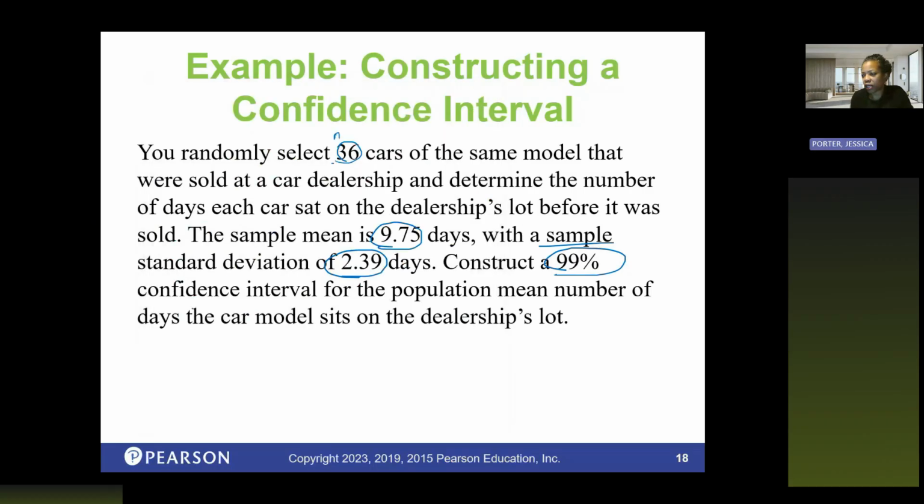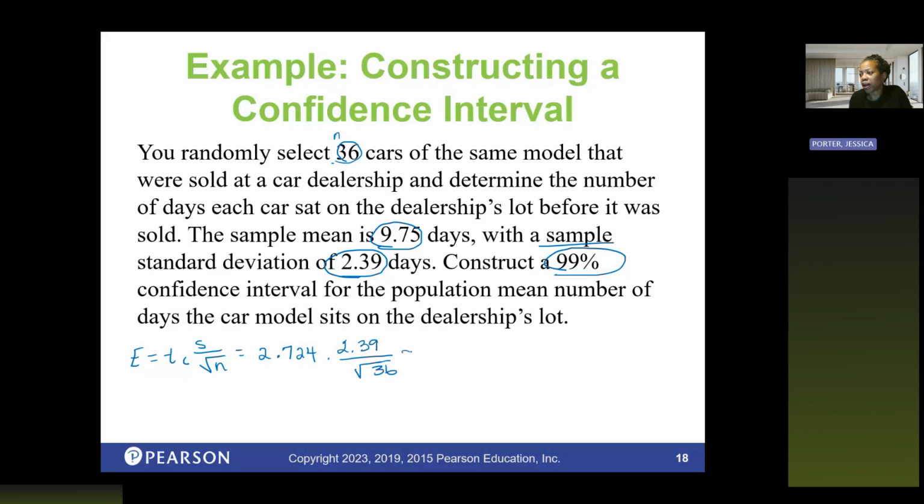So that's important information. Remember, my margin of error is T critical times the sample standard deviation divided by the square root of N. So in this case, I'll lop that off, 2.724 times 2.39 over the square root of 36.